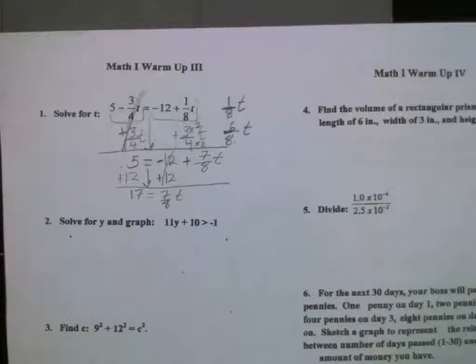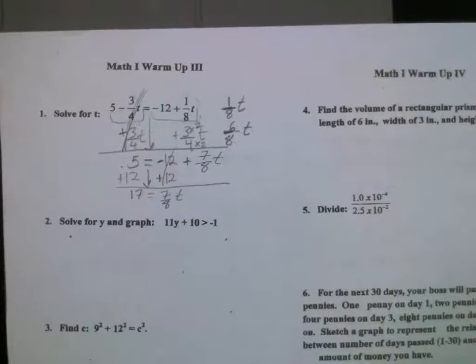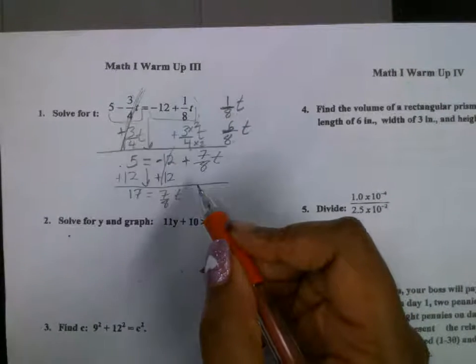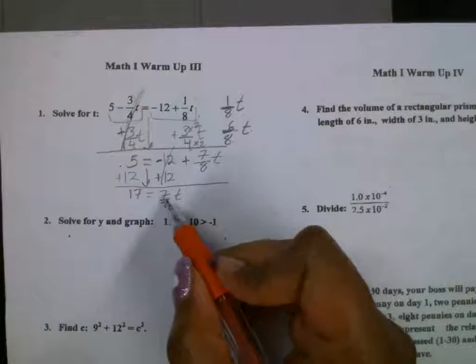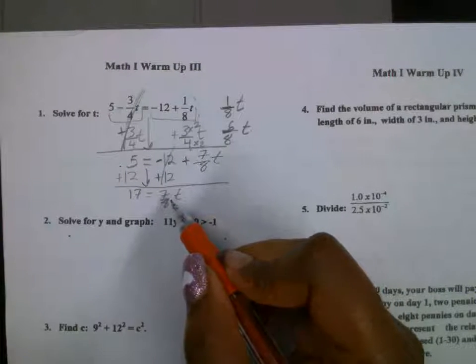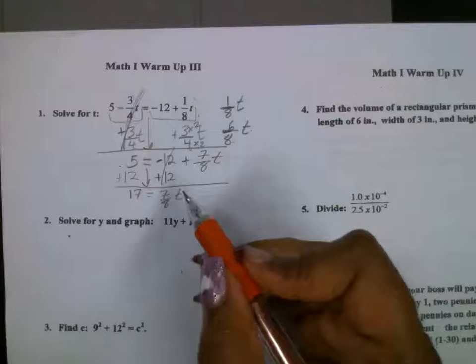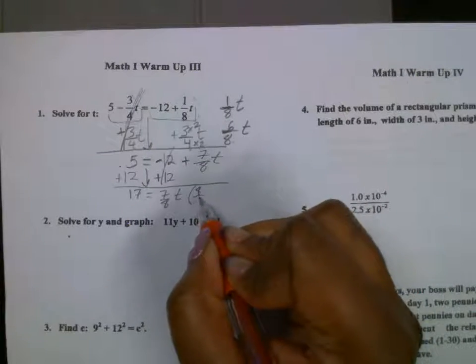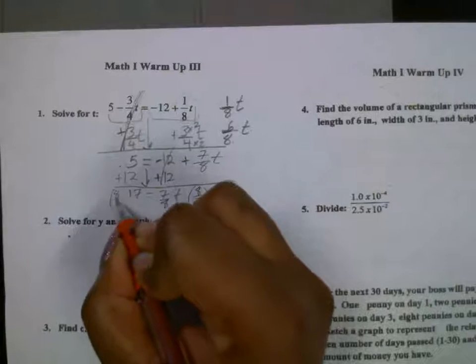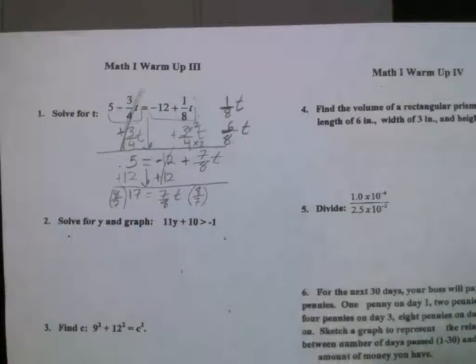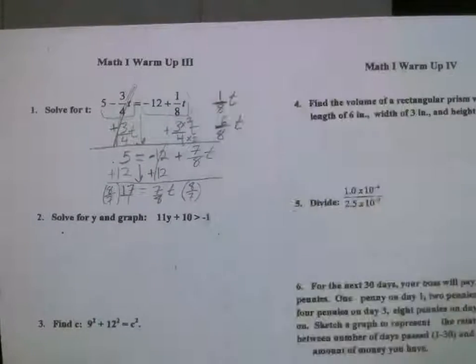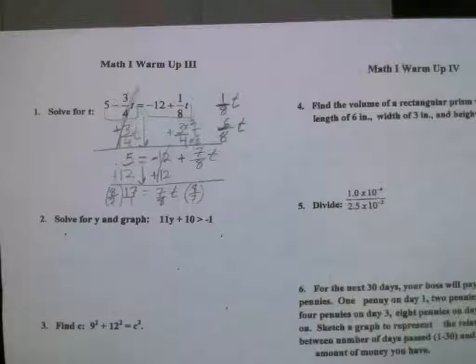Now what are we going to do to get t by itself? Very good. Both of you are right. Dividing by this fraction is the same as multiplying by the reciprocal, okay? What's the reciprocal of 7 over 8? 8 over 7. Good job. So now we multiply straight across.